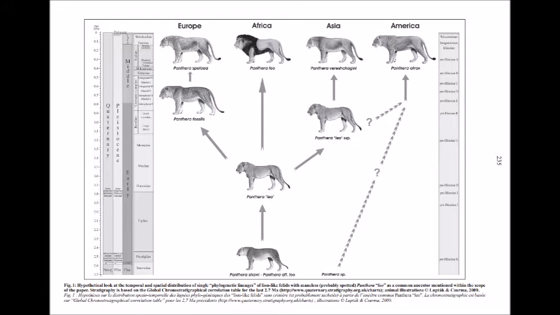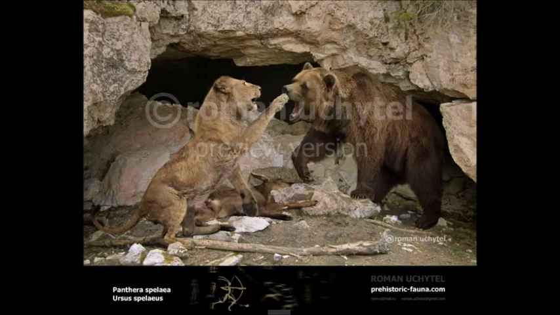And if we compare the cave lion to the scimitar cat, which used to dwell in the Northern American hemisphere, or to Smilodon fatalis, Smilodon gracilis, or Smilodon populator, all known as the saber-toothed cats of the North American hemisphere and the Southern Americas as well, and probably some parts of Asia, then we see a really great difference between these species.